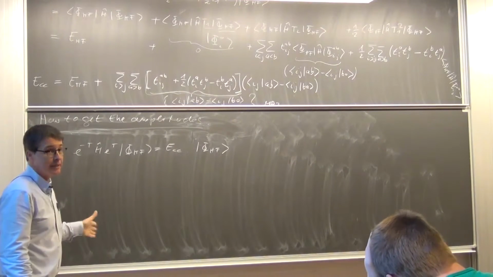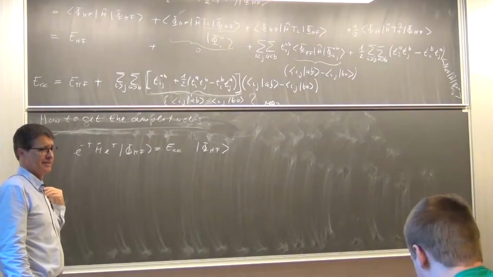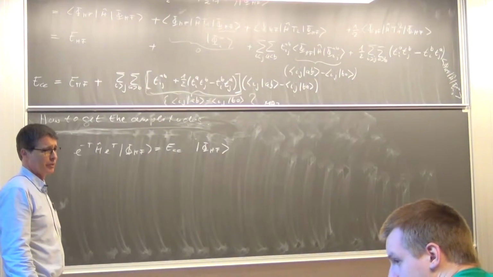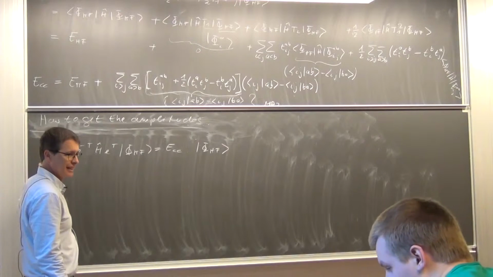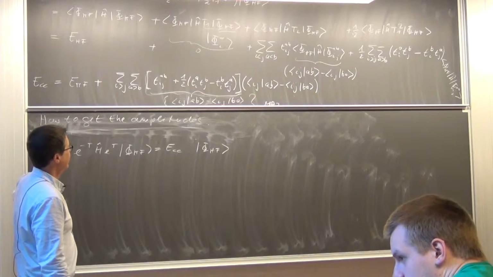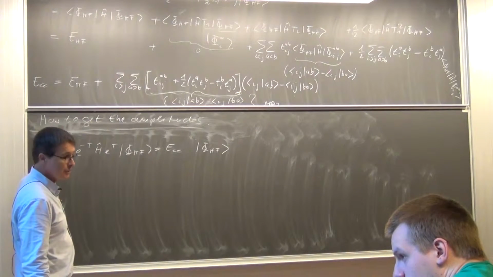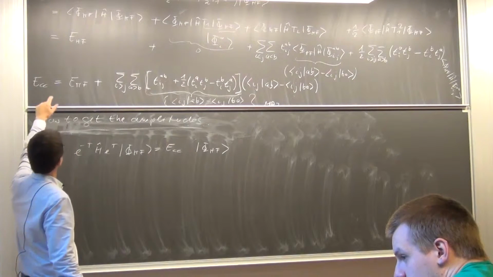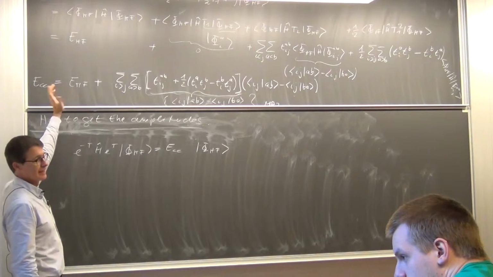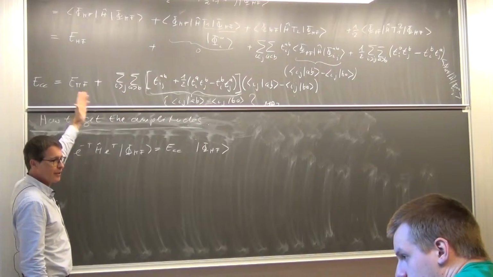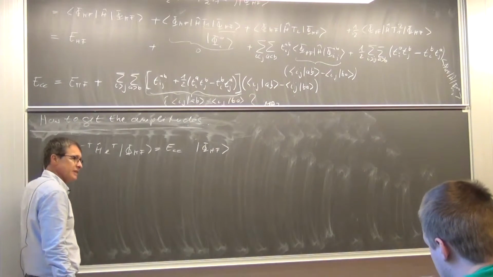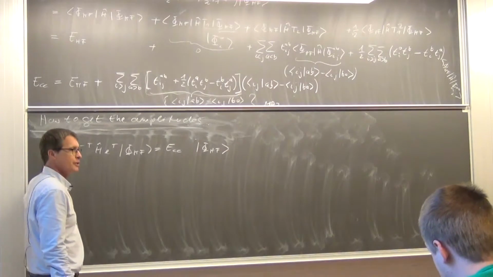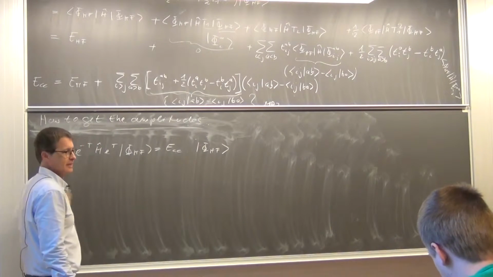Now, how did we get the coefficients on Tuesday in Møller-Plesset perturbation theory? We projected against other Slater determinants. So we're going to do precisely the same. In order to get the energy, you project against the reference Slater determinant, Hartree-Fock. In order to get the equations for the coefficients, which we call amplitudes here, we project against other Slater determinants.